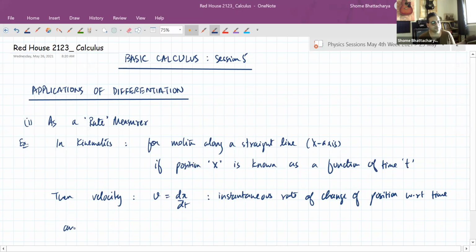And acceleration becomes the instantaneous rate of change of velocity with respect to time.